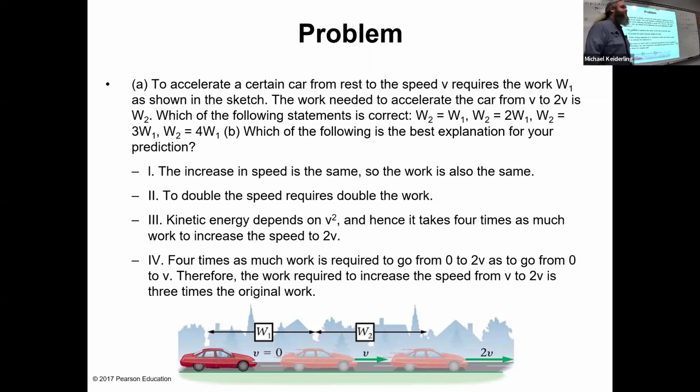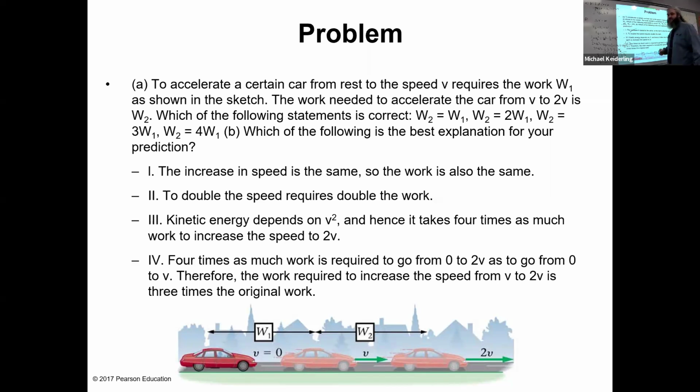It's third one on the list, but it's the fourth one on the list of the explanations. So the first one is work 2 equals work 1. The second one is work 2 equals 2 work 1. The third one is work 2 equals 4 work 1.